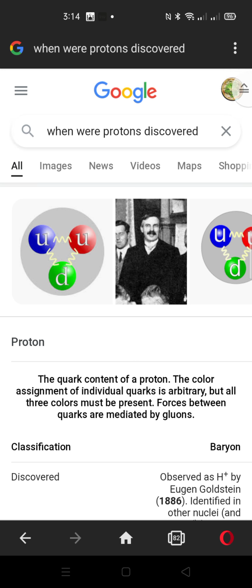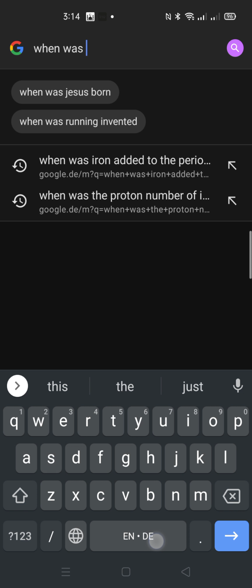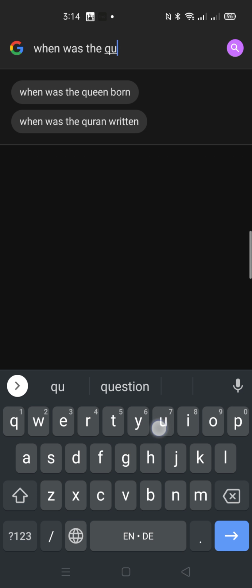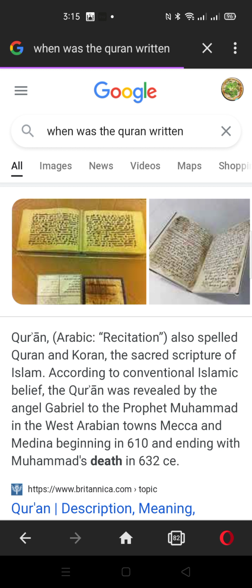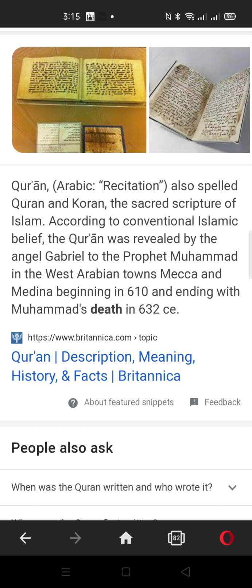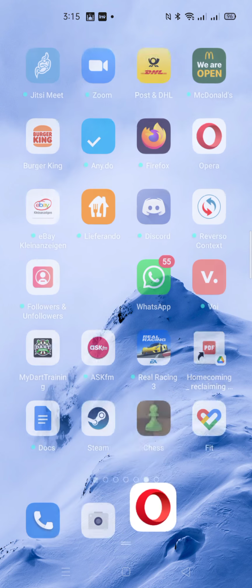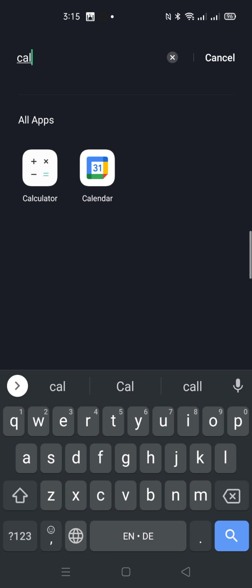Now, when was the Quran written? So the Quran was written in 632. Now, let's do a bit of math here. We have a calculator.